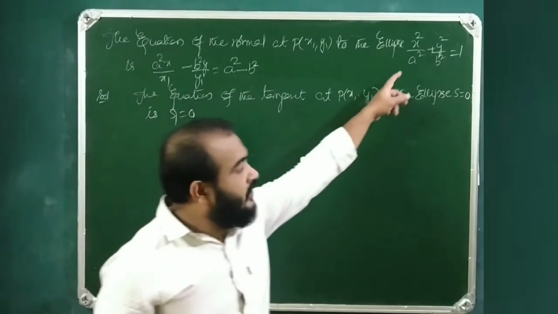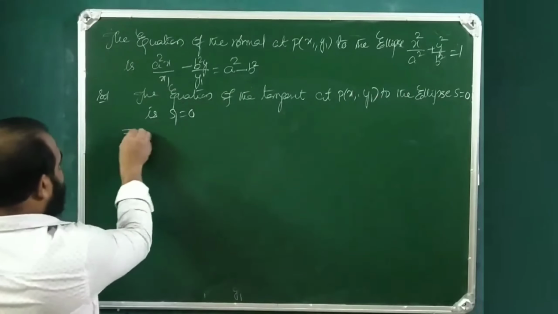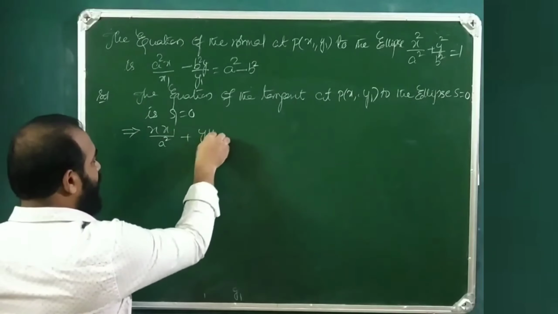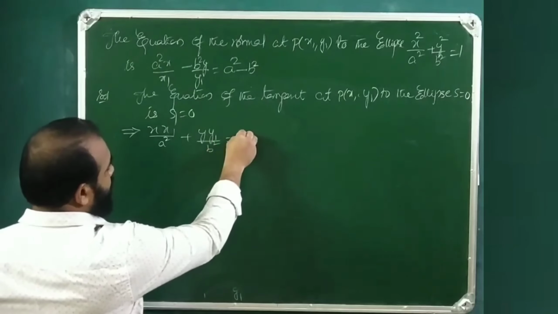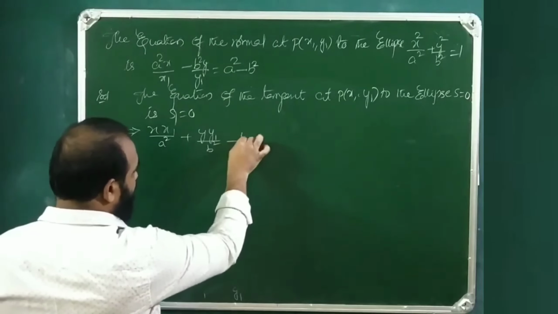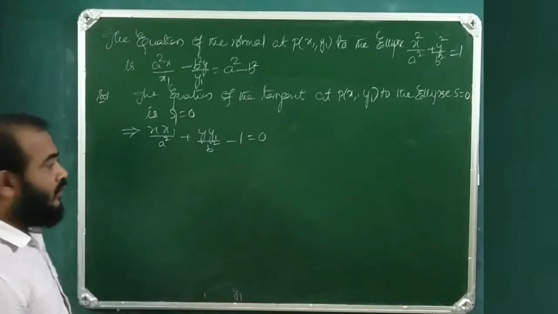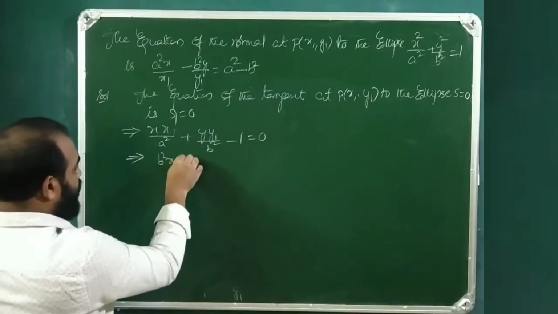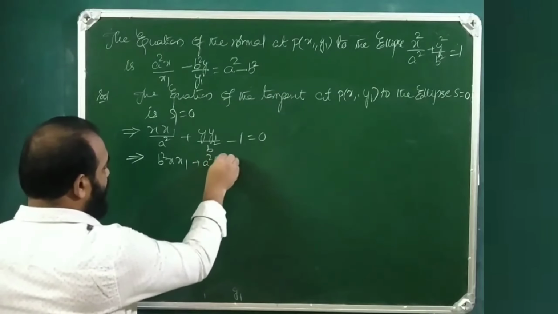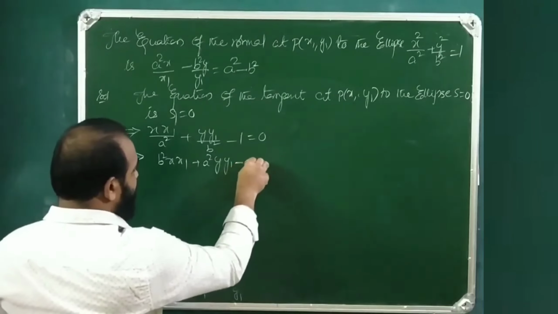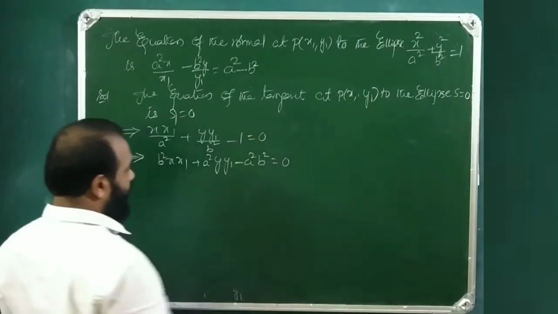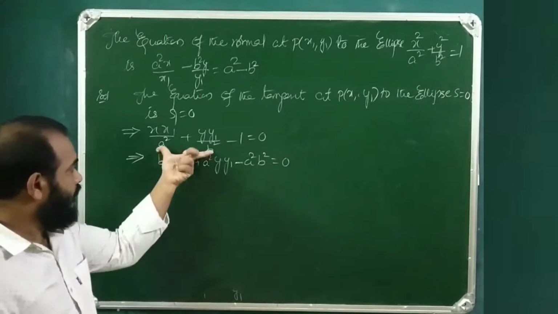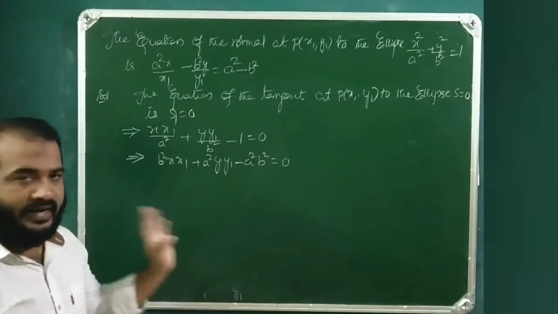So the notation is xx1 by a square plus yy1 by b square equals 1, or minus 1 equals 0. So this is b square xx1 plus a square yy1 minus a square b square equals 0. I found the LCM, a square b square.